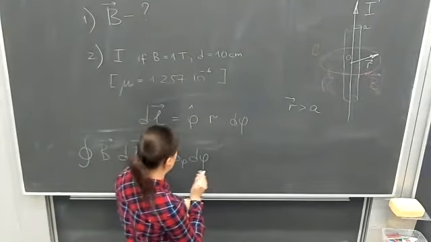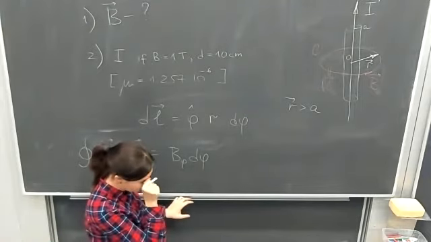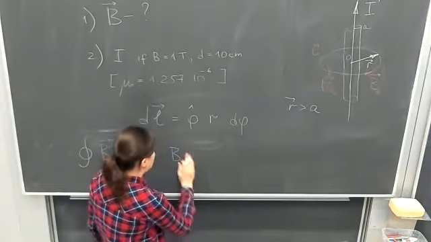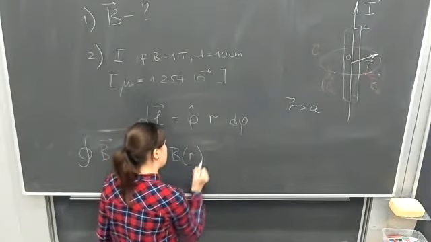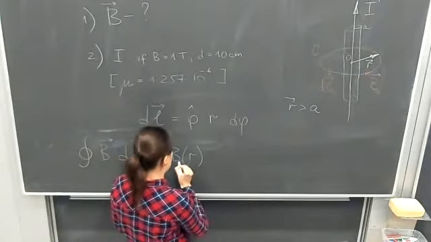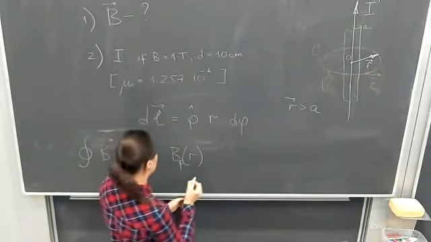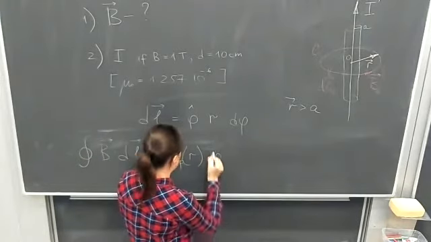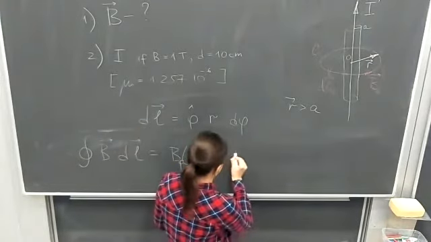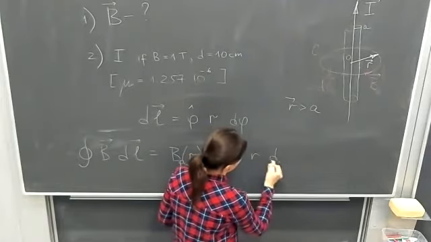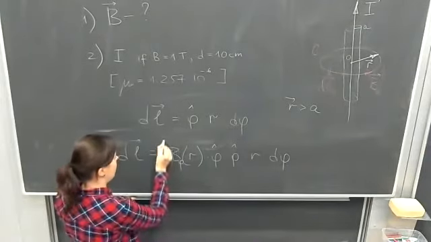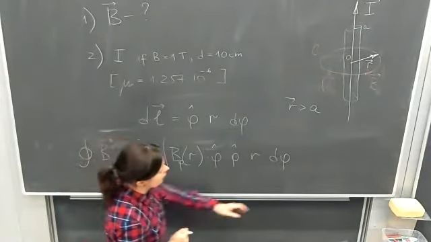Sorry, it's independent of phi and of the z axis. It's dependent on the radius, in the phi direction, and then times r d phi. And we have integration along the circle, so phi extends from 0 till 2 pi.